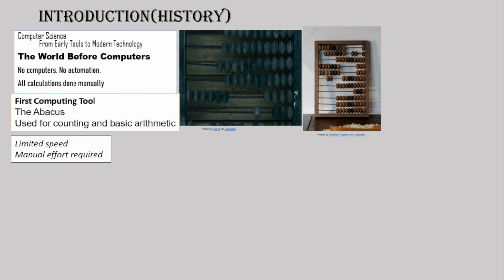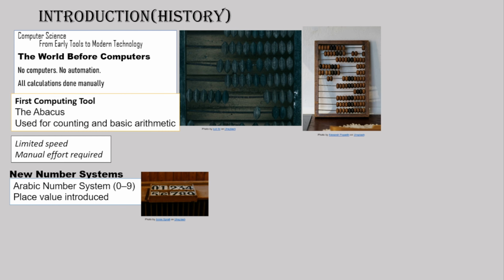So over time, better number systems were developed, like the one we use today, which includes zero and place values, right? This made calculations easier and more flexible for us.